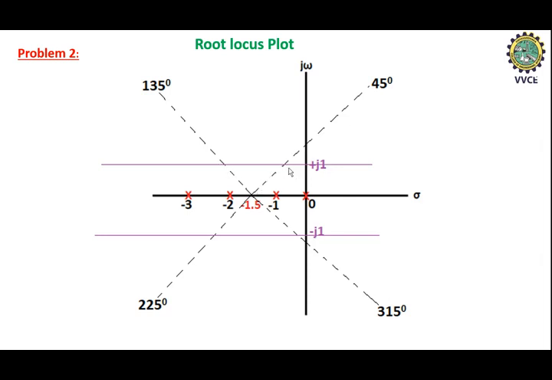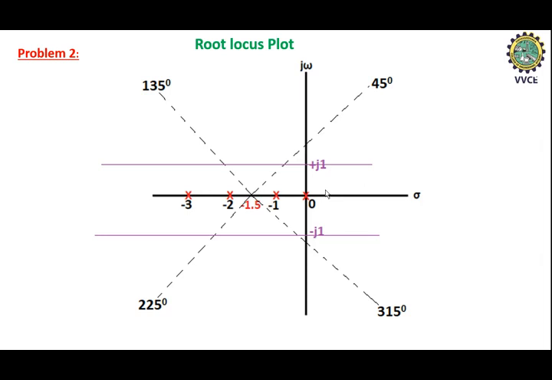And there are 4 infinite branches. So for these two poles we can consider this plus j. It has to pass through this plus j only, and for these two poles you should make use of the same intersection point on the imaginary axis. So it may not cross the imaginary axis directly, but it will cross at the same value of the j omega axis.